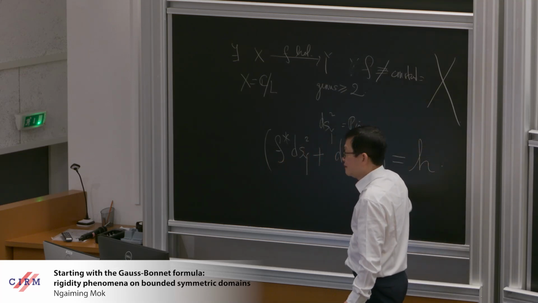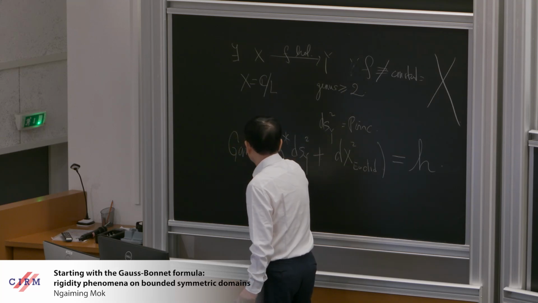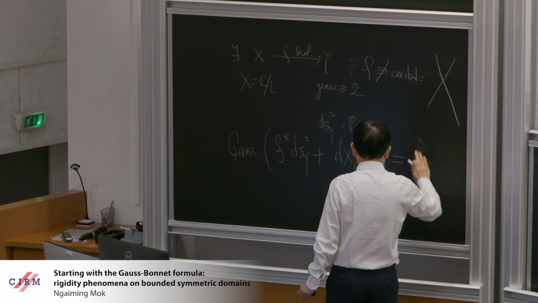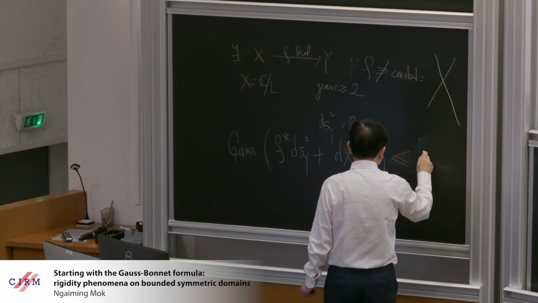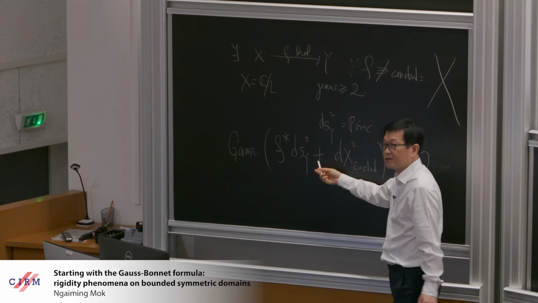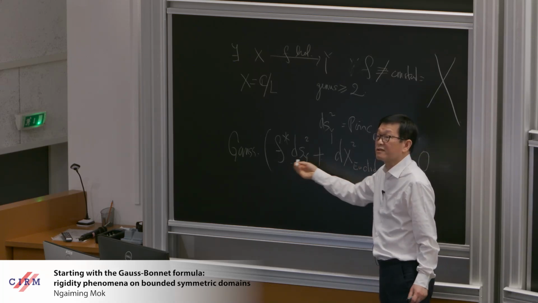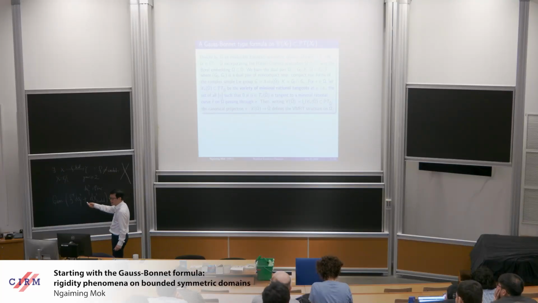You see that the Gauss curvature of this is less than or equal to 0. This is by the Gauss equation. So this is flat, and this is negative curvature, and the sum must have non-negative curvature given the genus.